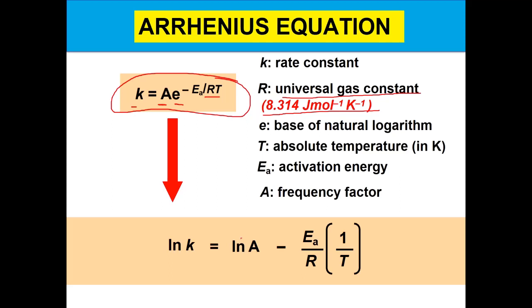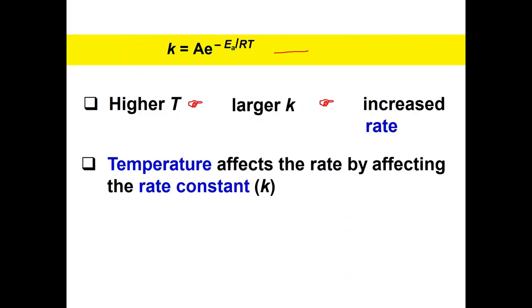Okay, from equation 1, you can take the ln of the right and left sides, then you will get this kind of equation. ln k is equal to ln A minus EA over R multiplied by 1 over T. From this equation, we can see that when we have a higher T, we also have a larger k, and we increase the rate.